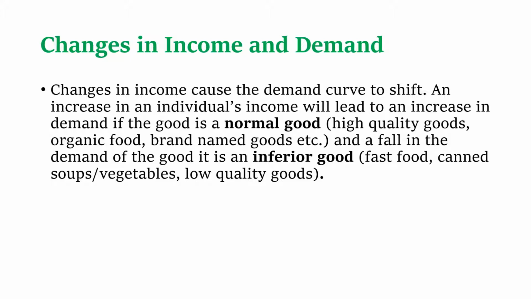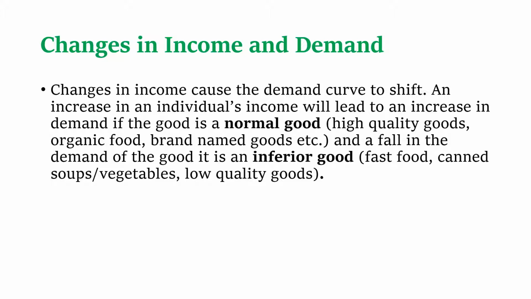Or in other words, inferior goods are goods for which the demand increases as the income of the consumer falls. You understand? So for all inferior goods, if the income of the consumer increases, we expect less of those goods to be demanded.